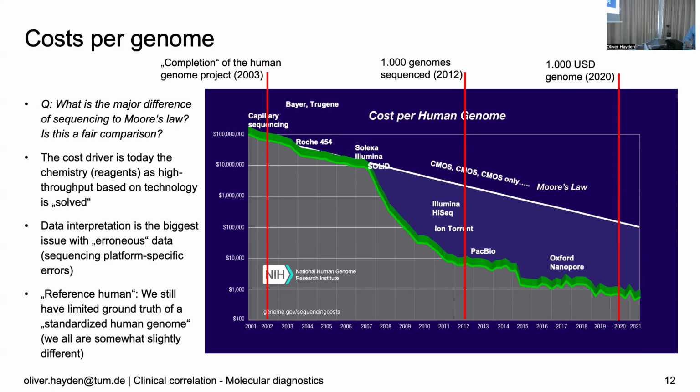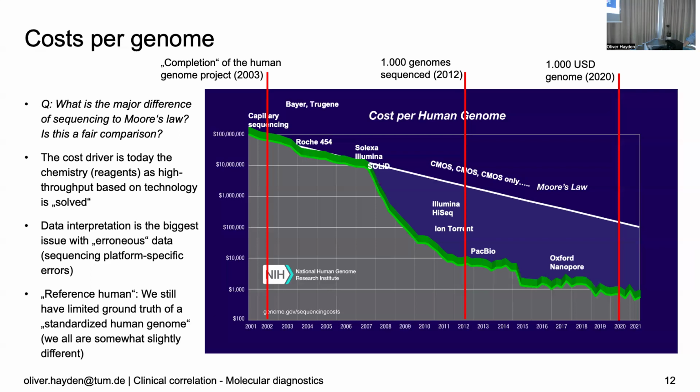That's it. Sequencing is improving and generating throughput by switching from one platform technology to the other. So you cannot compare those two. This would be Apfel and Birnen to the power of 2. It just doesn't make sense.